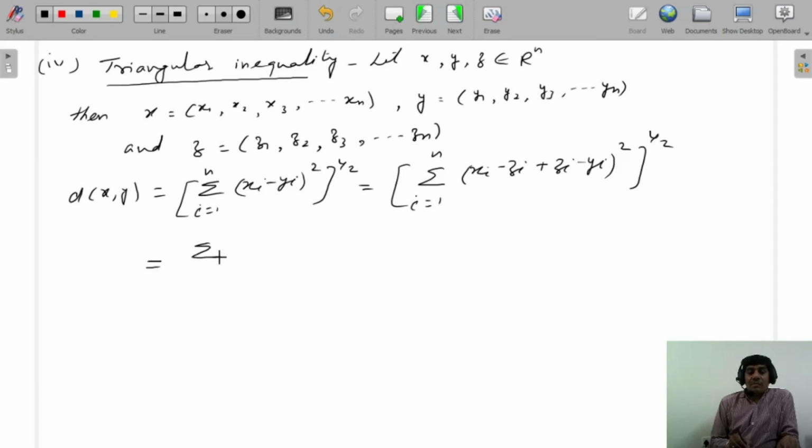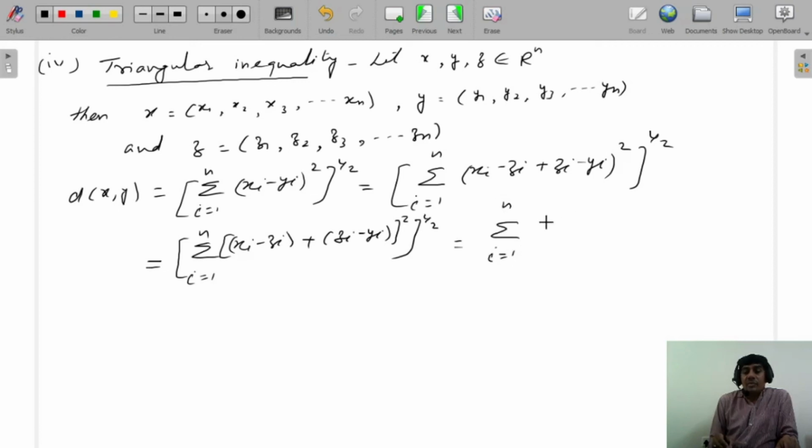This is equal to the summation of (alpha i plus beta i) squared, raised to power 1 by 2, where alpha i is equal to xi minus zi and beta i is equal to zi minus yi.